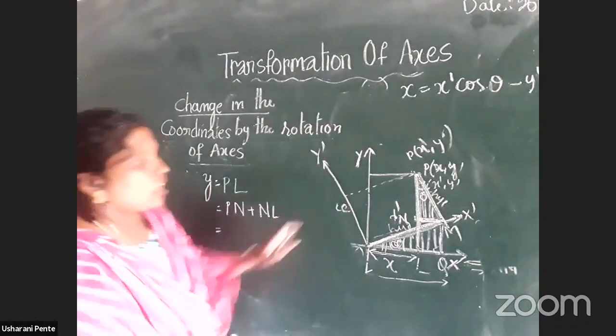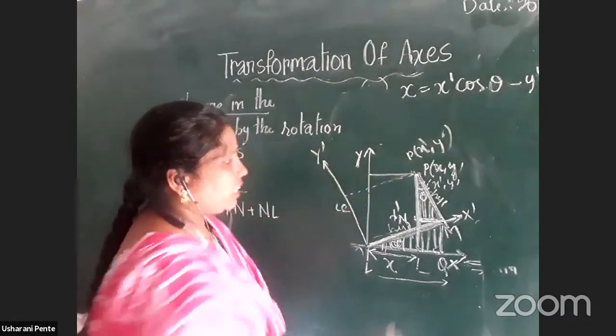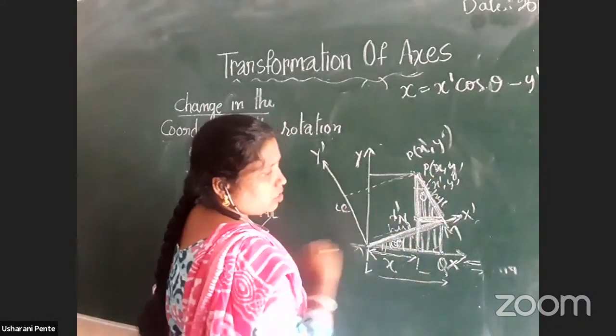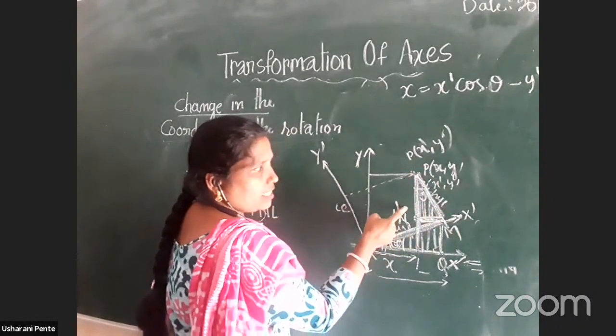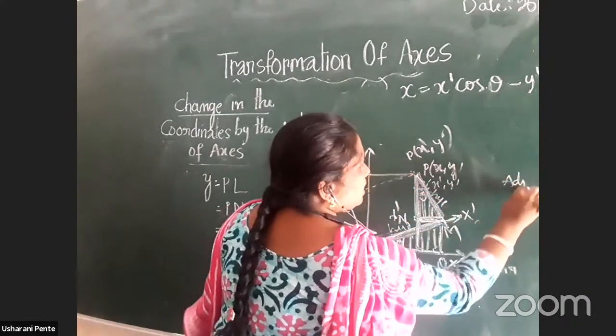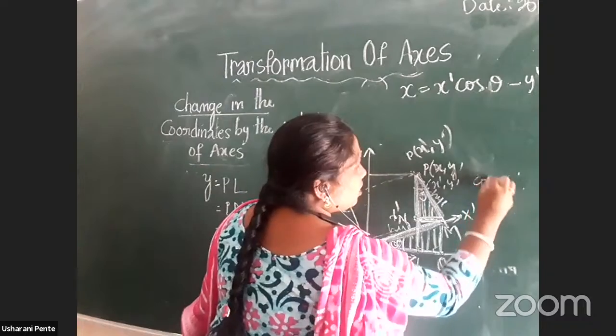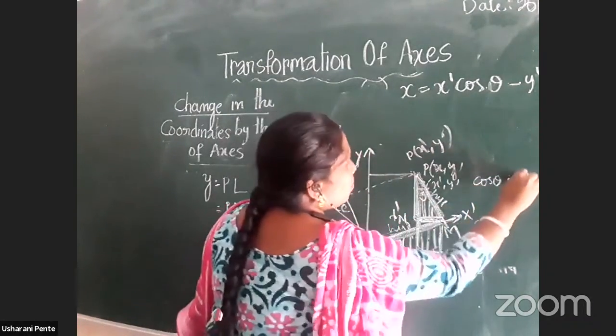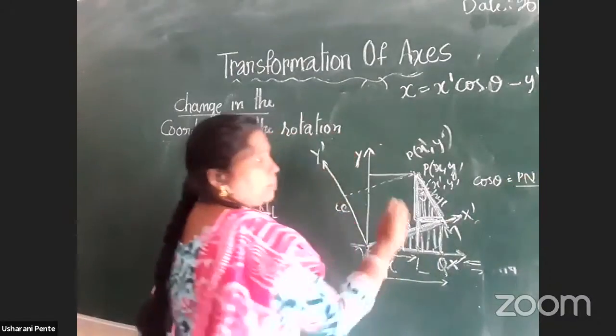How do we get PN from this triangle? PN will become the adjacent side and PM is the hypotenuse. We know that adjacent by hypotenuse is nothing but cos theta. Cos theta is equal to PN, the adjacent side, by PM, the hypotenuse.